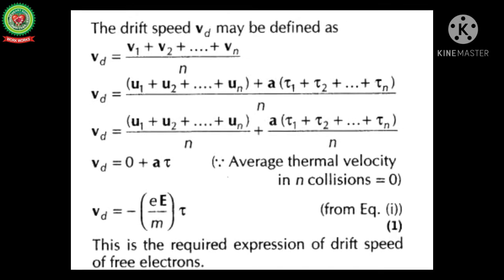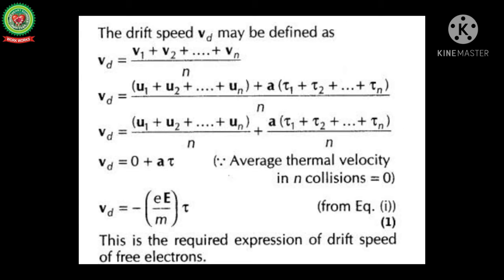Now let's derive drift velocity in terms of relaxation time. Students, as you all know, relaxation time is the average time elapsed between two successive collisions of the electrons.